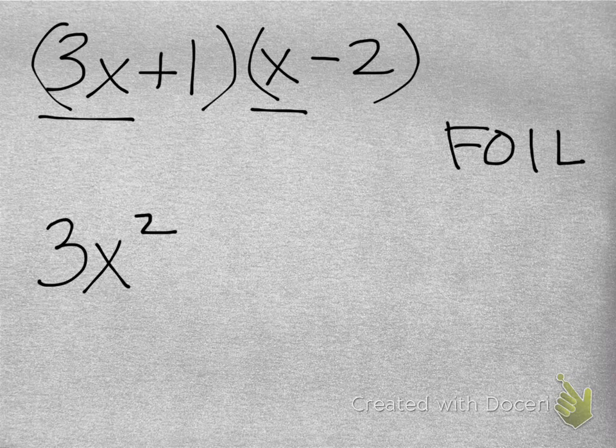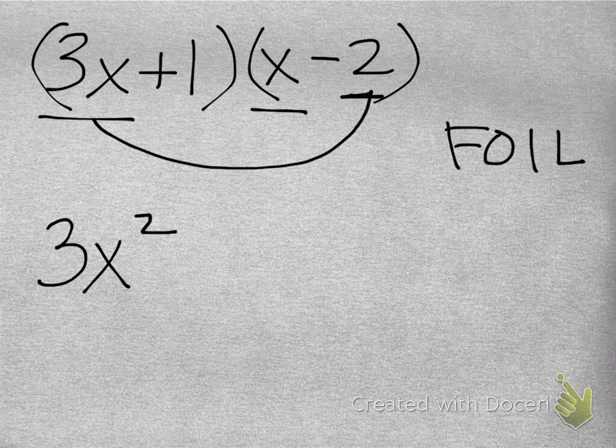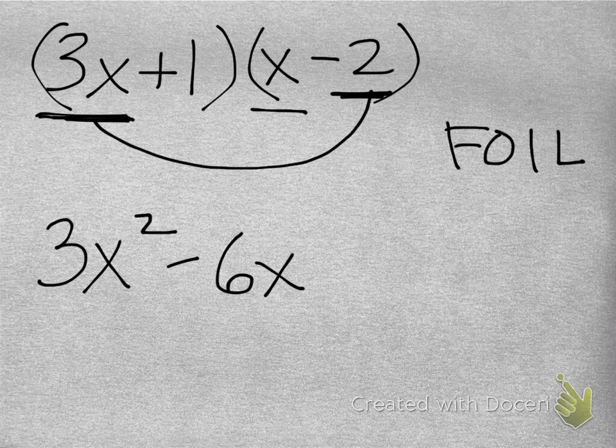Then you continue with the outer terms, which are 3x and negative 2. If we multiply those together, that gives us negative 6x. And then we multiply the inner terms, which are 1 and x. That's going to give me 1x, or positive 1x.